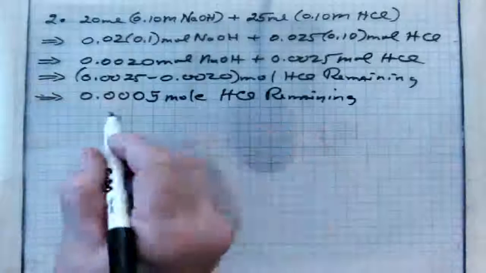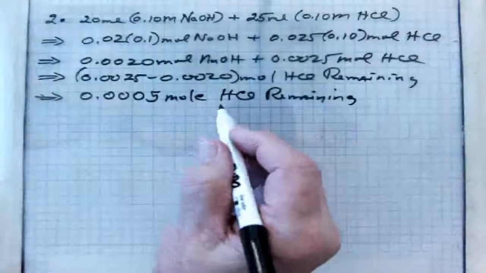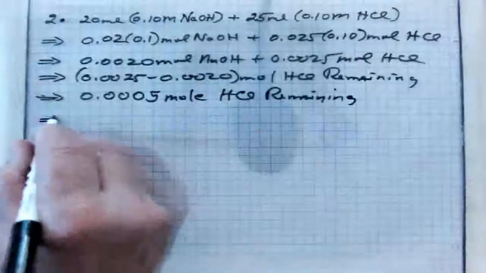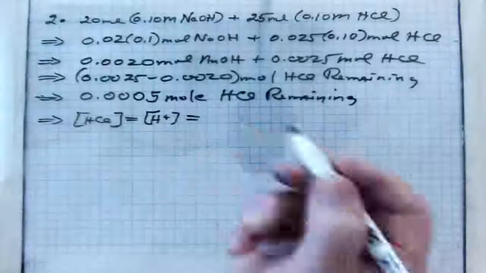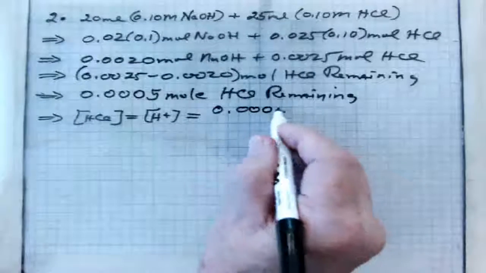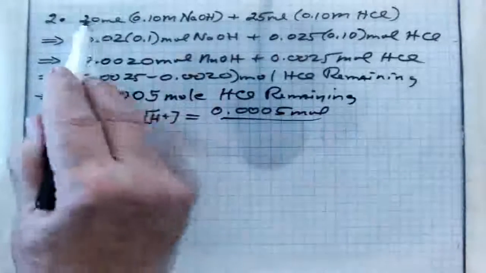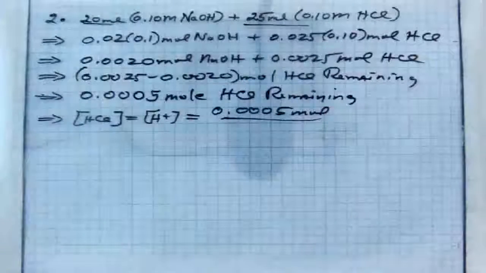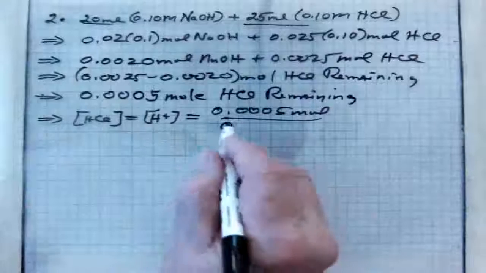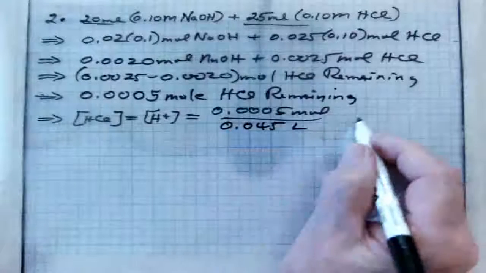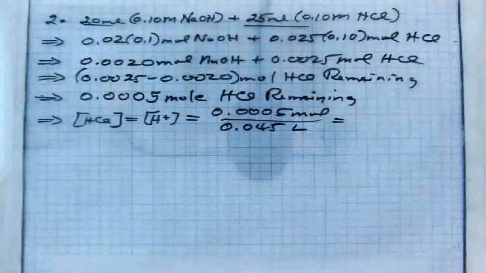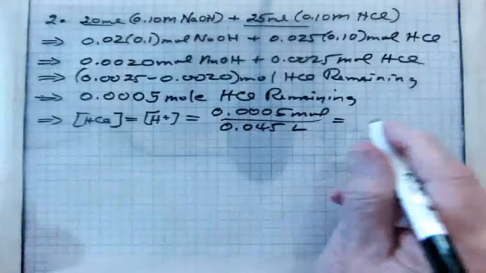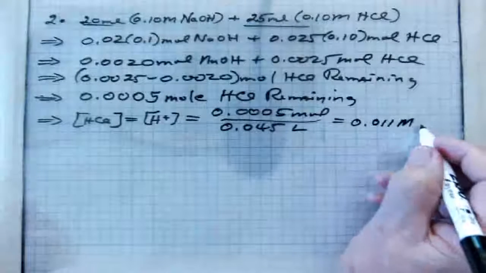Now, this is giving you 0.0005 mole of hydronium ions from the HCl, but the molar concentration of HCl, which will give you the hydronium ion, is 0.0005 mole over, now we've mixed 20 and 25, so we're up to 45 mils in our solution. In liters, that's 0.045 liters, and that translates to 0.0005 divided by 0.045 equals 0.011 molar H plus.